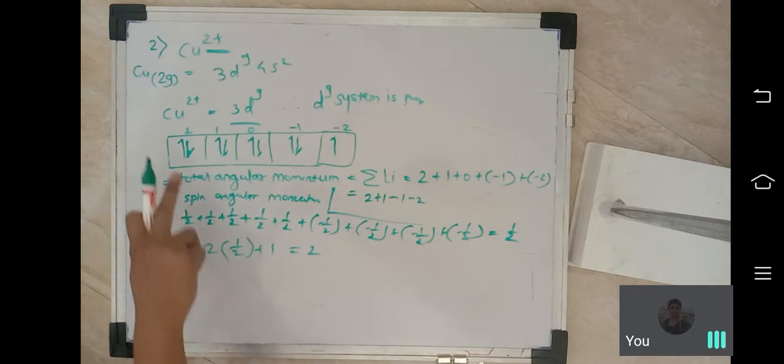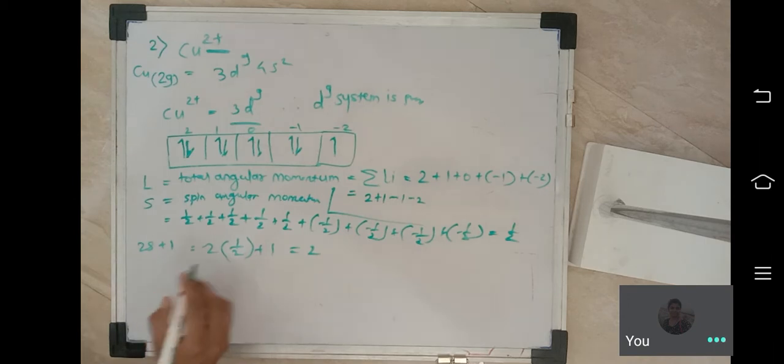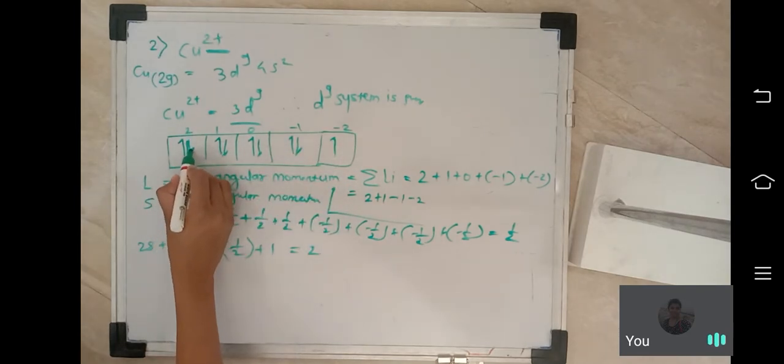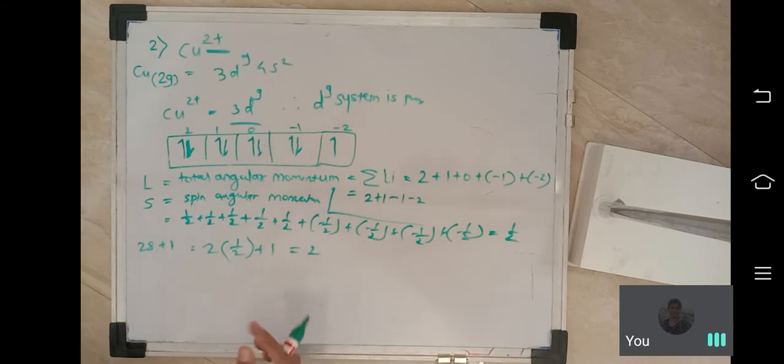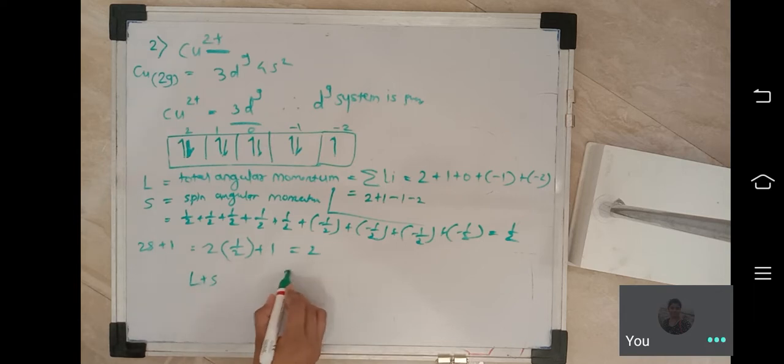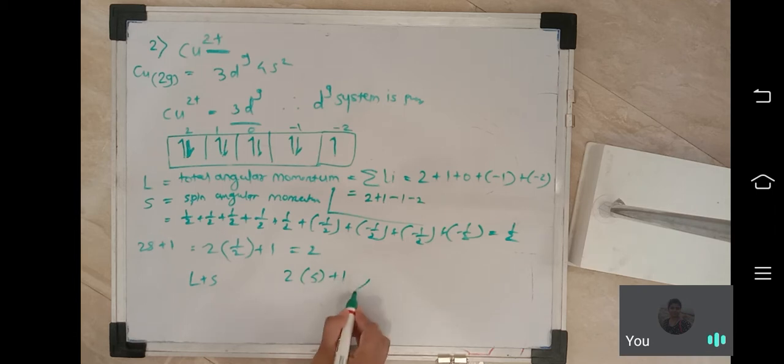You find it from the sum above. Here electrons are filled singly and pairing is also there, meaning it is more than half filled, so you take L plus S. The formula is (2S+1) times L plus S. L plus S is taken for more than half filled and L minus S is taken for less than half filled. You just put in the values and you get the answer.